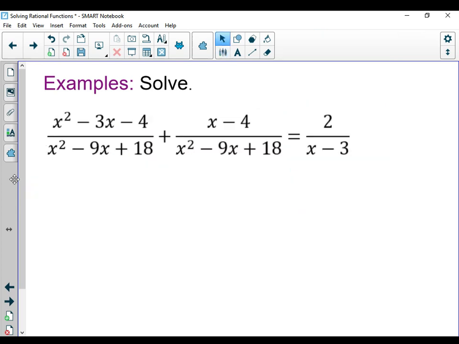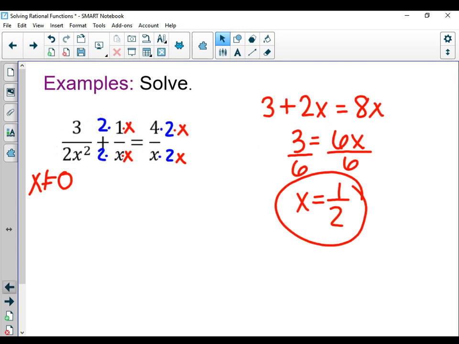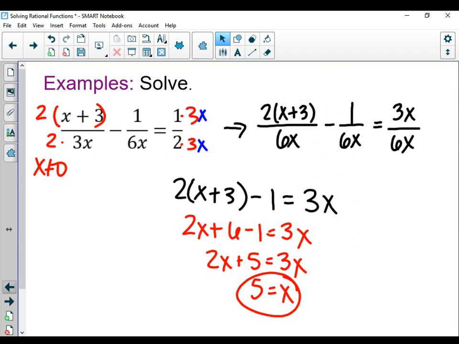Okay. Just like yesterday, you're going to factor first. But let me save you some time. Don't factor the numerator. Why? Because on the problem before, notice how what we do is we make the denominators match, and then we simplify the numerator.